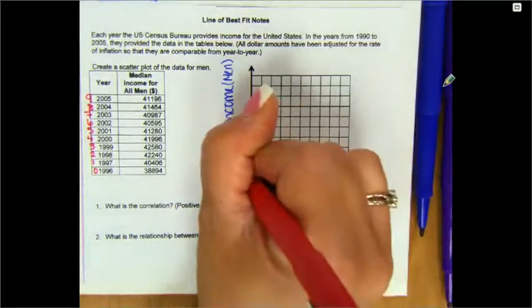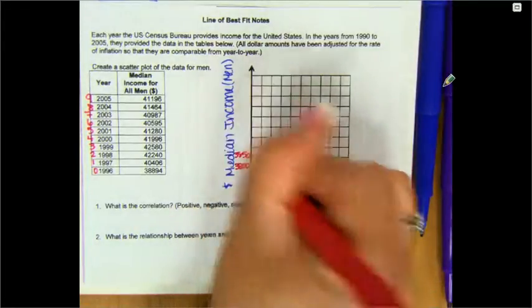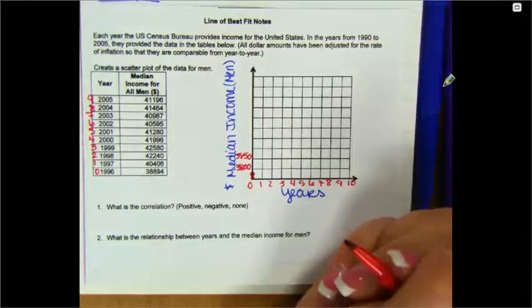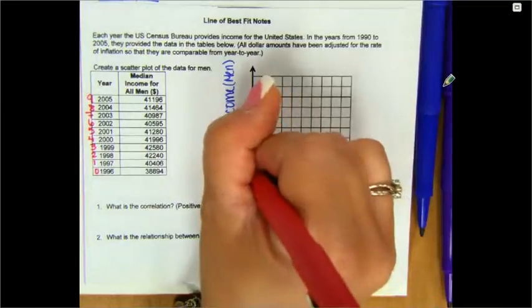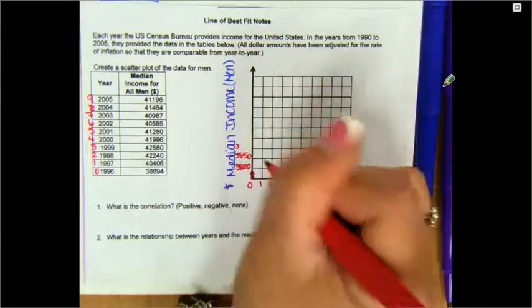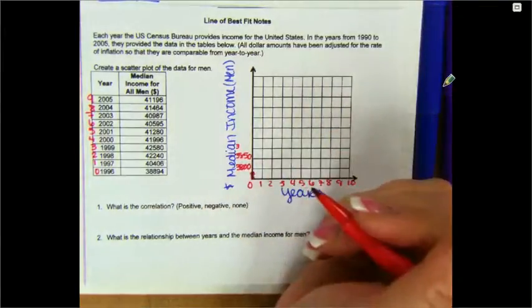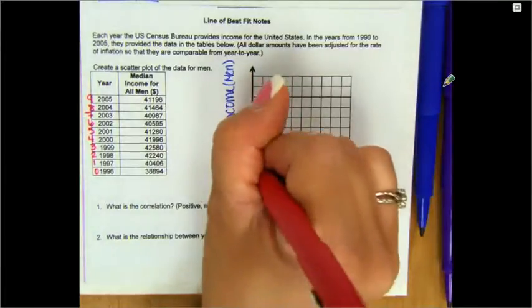Then we're going to go 38,500. What's the next one going to be? Counting by 500s, 39,000.